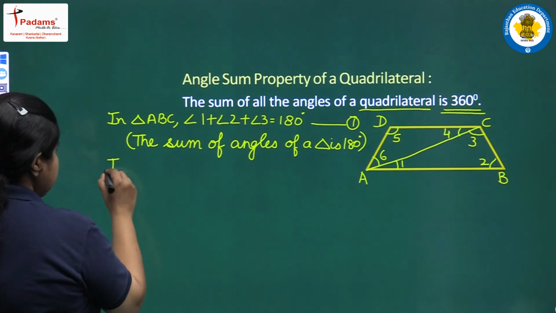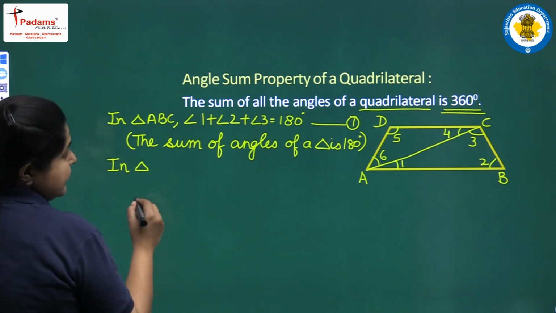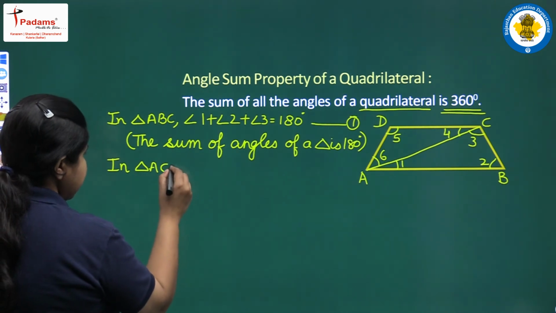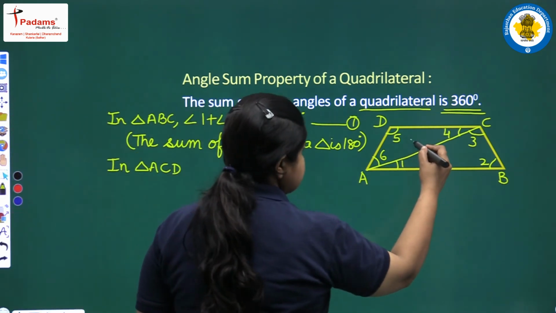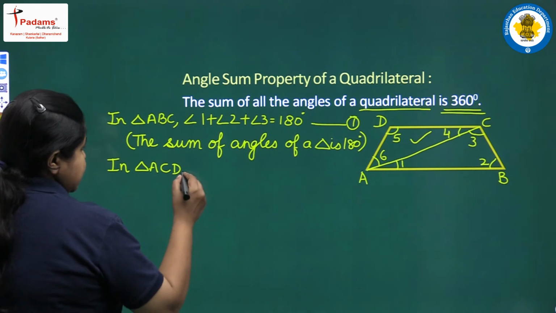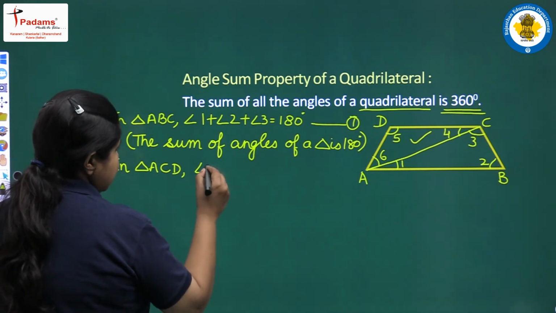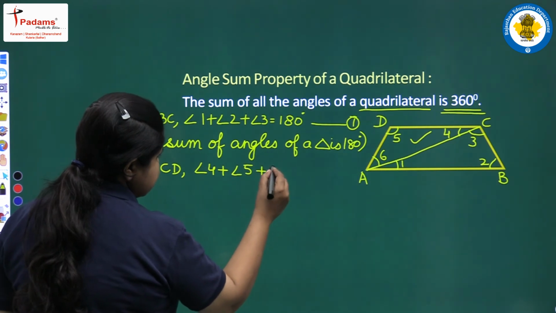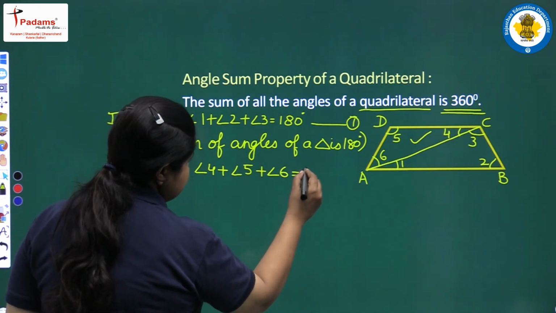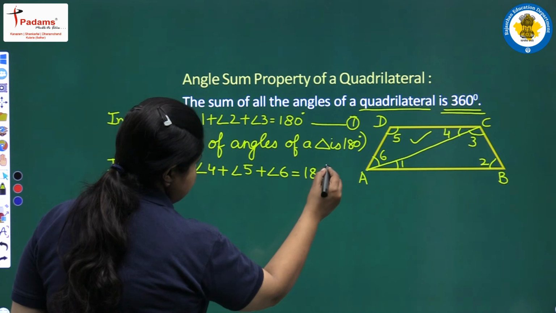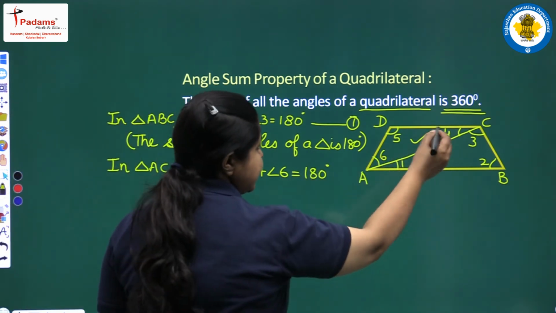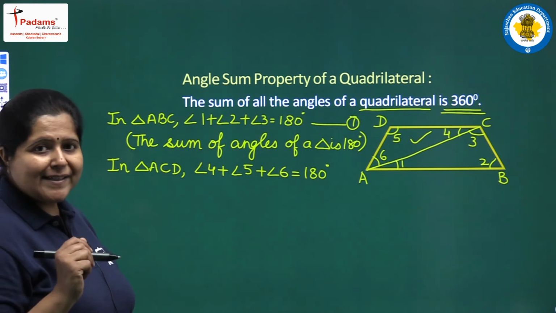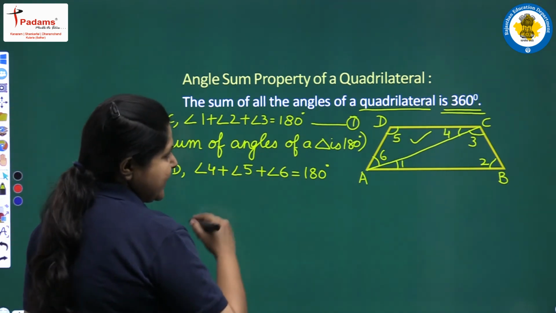Also in triangle ACD, we are now taking this upper triangle. The sum of angles 4, 5 and 6 will again be equal to 180 degrees because it is again a triangle and the sum of all the angles of a triangle is 180 degrees.